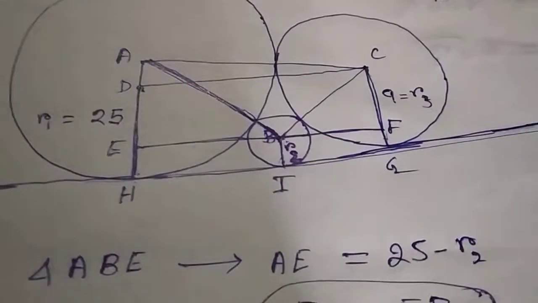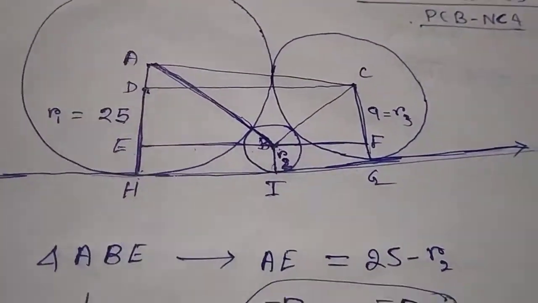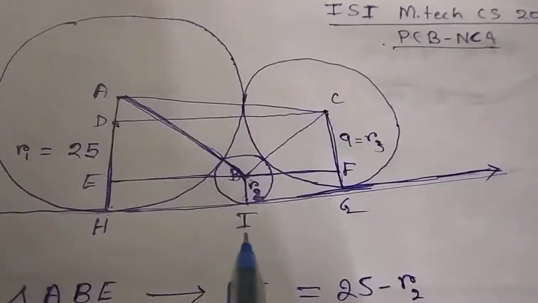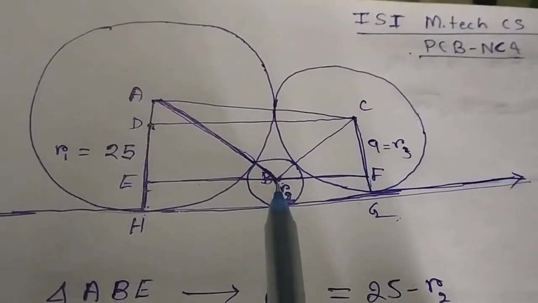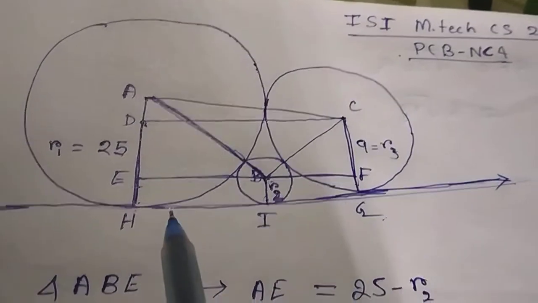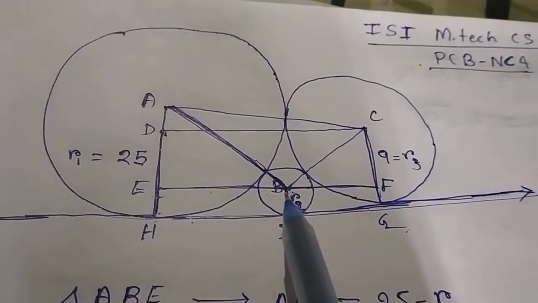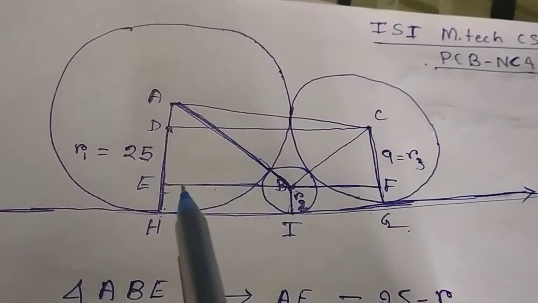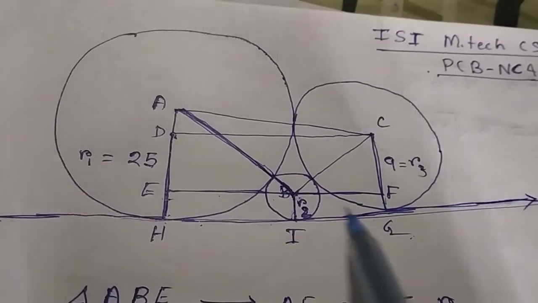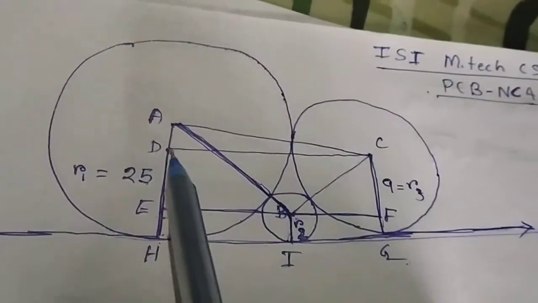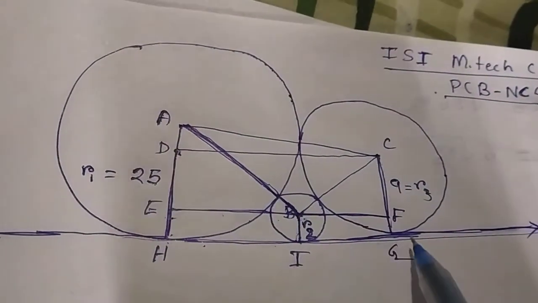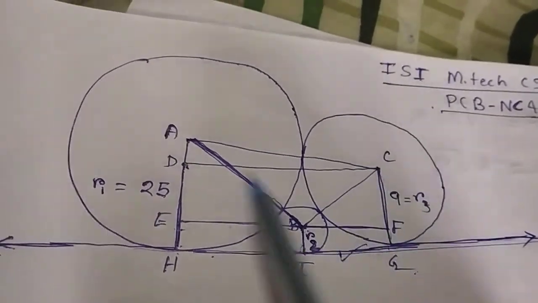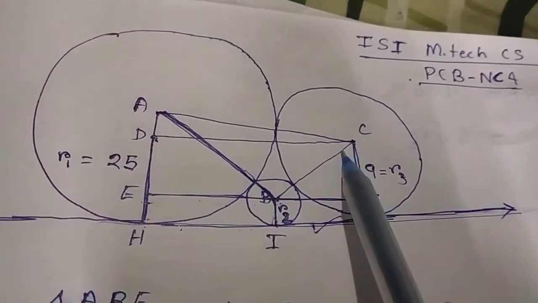So again I want to discuss the idea here. I'm drawing a few lines, like this line is parallel with the below line, and it's maintaining R2 distance. Then this line is parallel with this line and maintaining distance 9, the distance of R3.